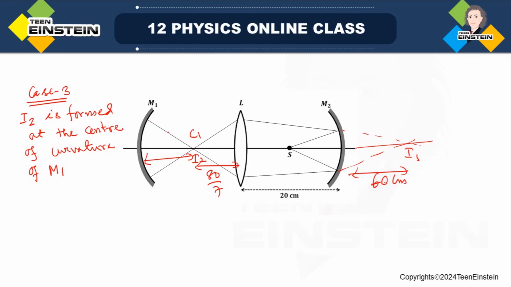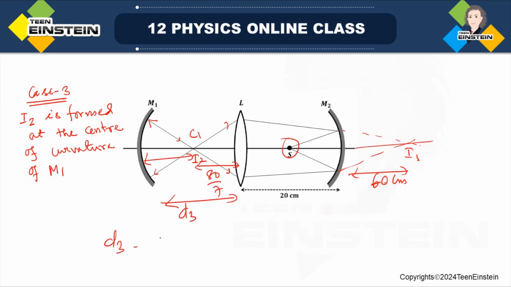In that case, the rays will be retraced. After reflection the rays will come back in this way, and the path will be retraced by the rays. That's how you get the final image, again at the source itself. In this case, let us say this distance is D3.